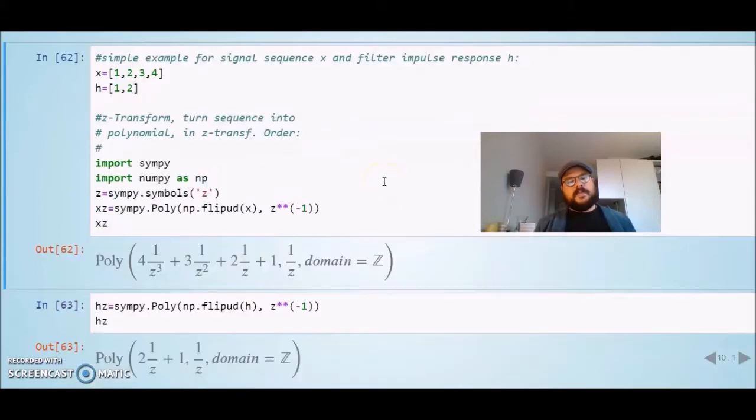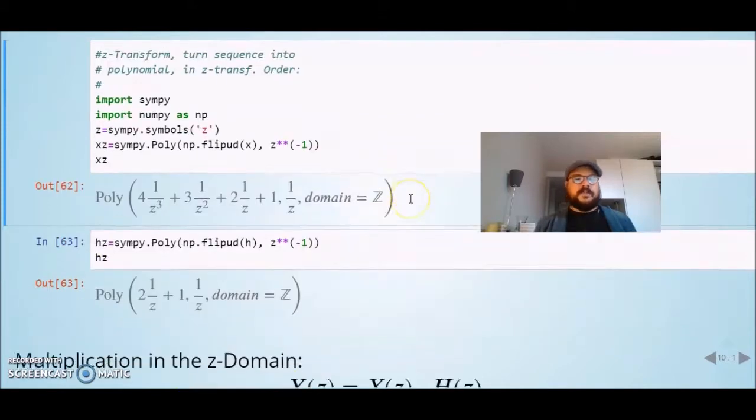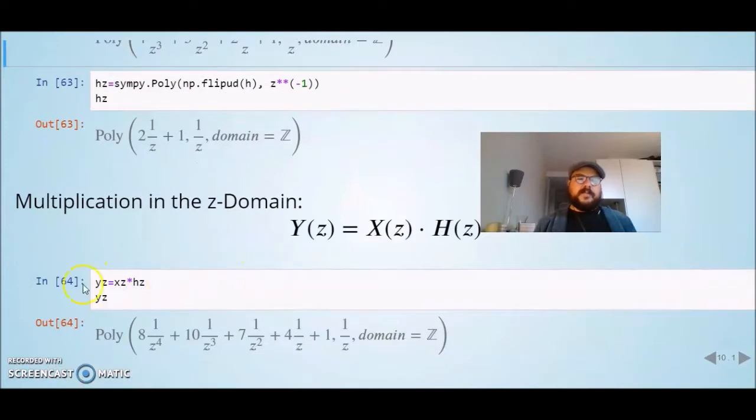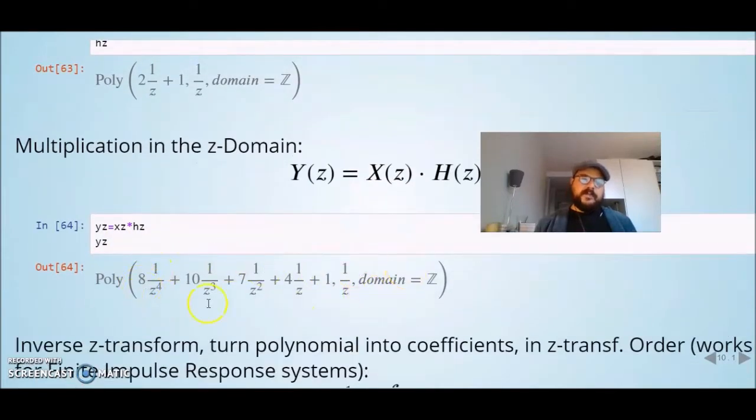So if we take the z-transform of x, we have this polynomial here. The z-transform of h, we have this polynomial here. And we multiply in the z-domain, we have this polynomial here.